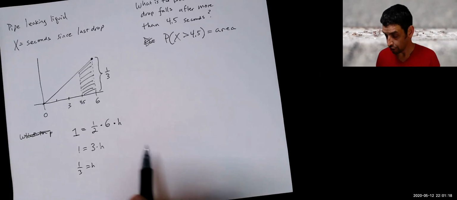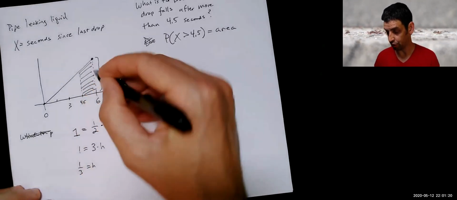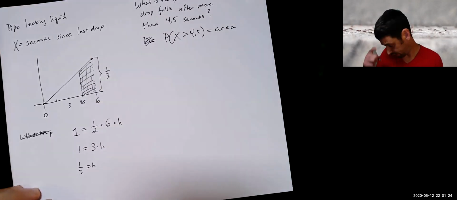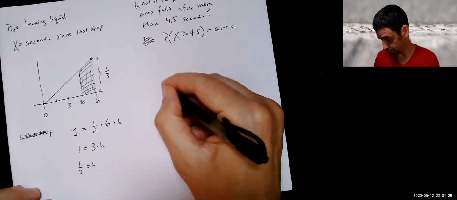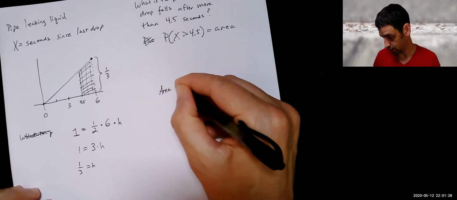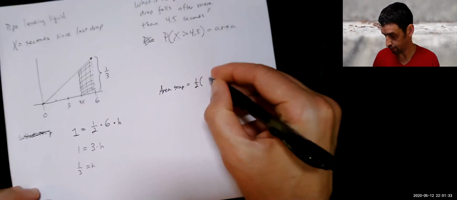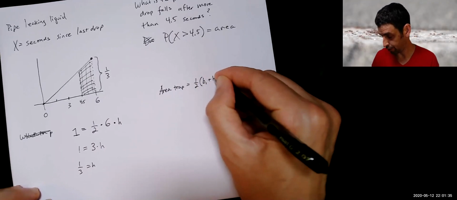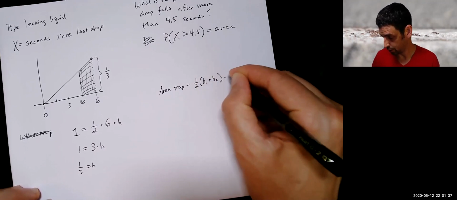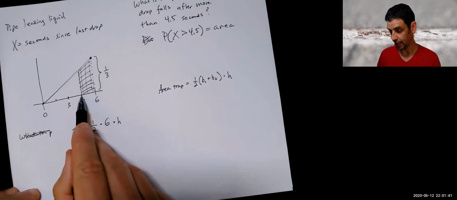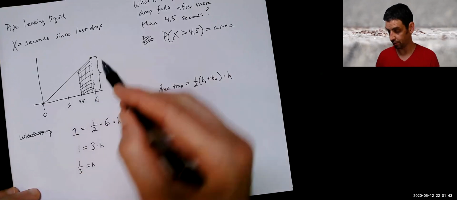Okay? So I want to figure out the area of this trapezoid, right? Well, let's write down the formula for the area of a trapezoid. Trapezoid is 1/2 base 1 plus base 2 times the height, right? The height in this case is this distance.